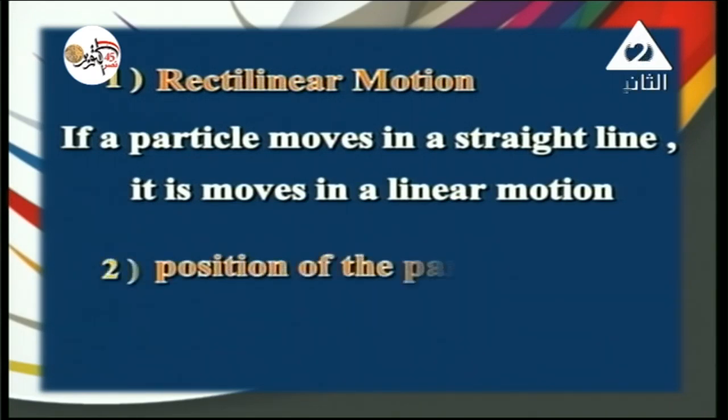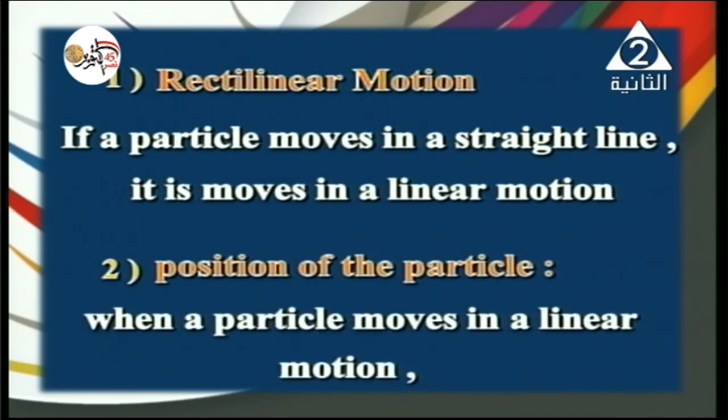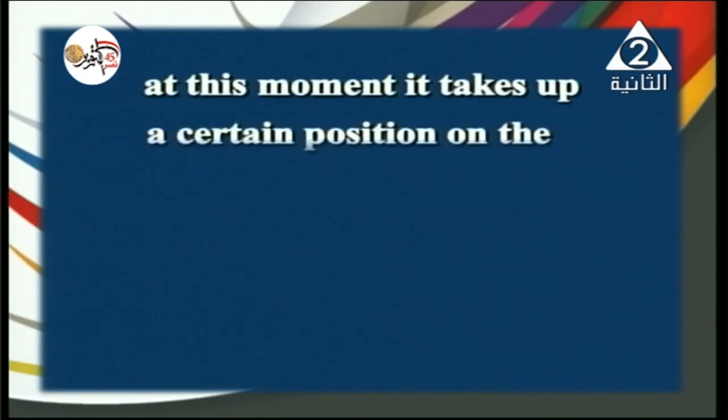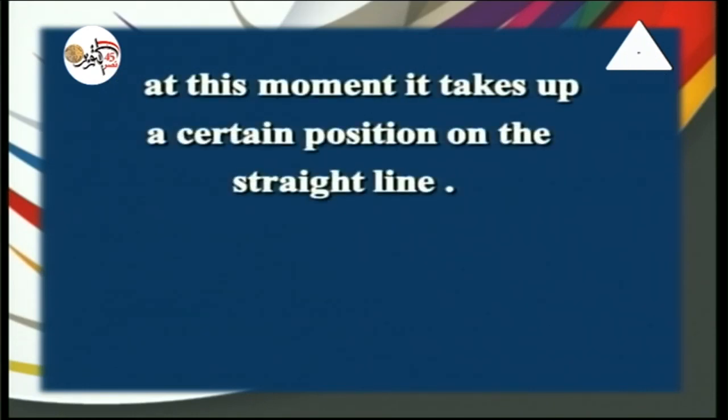What is the meaning of position of a particle? My dear student, when a particle moves in a linear motion, at this moment it takes up a certain position on the straight line.